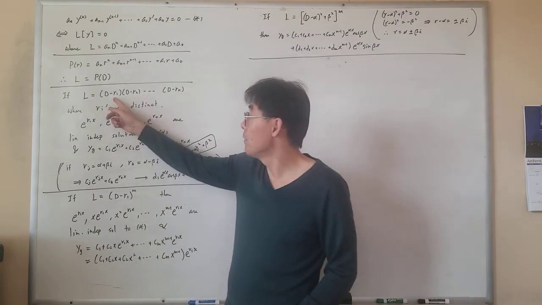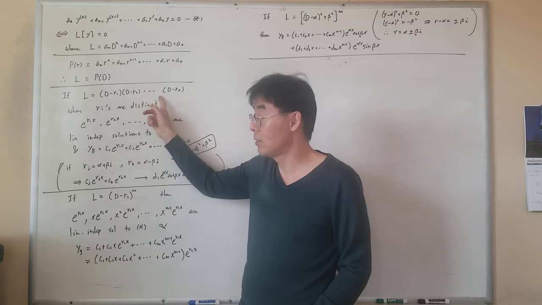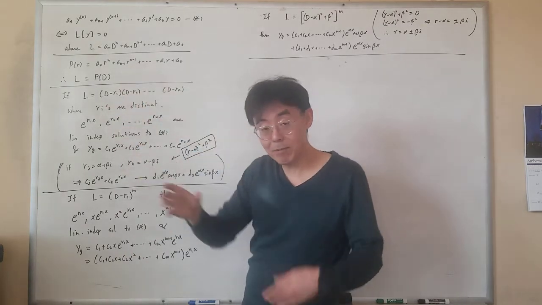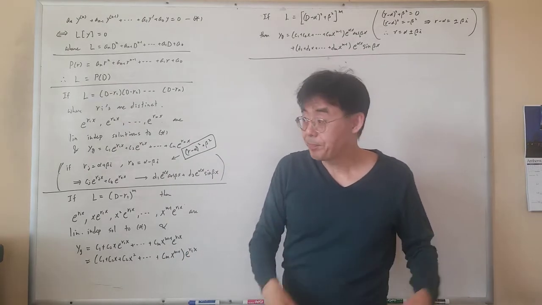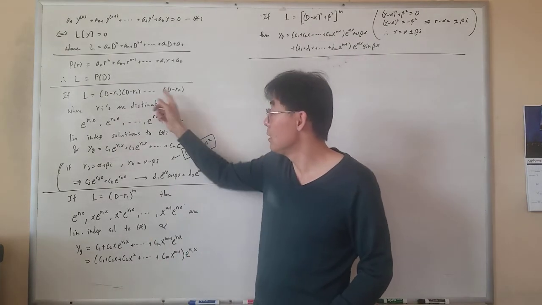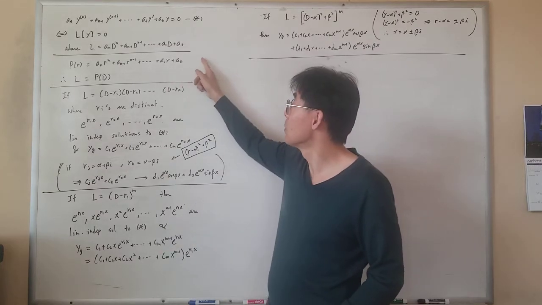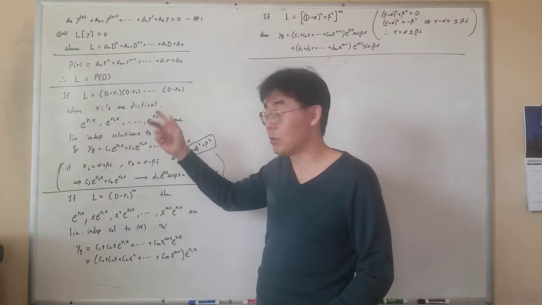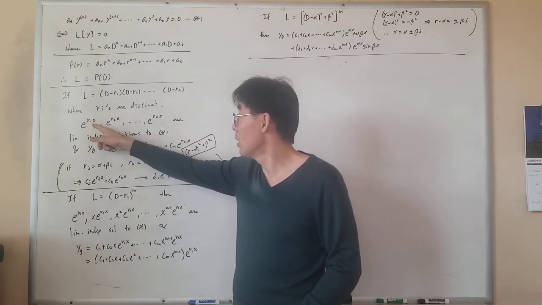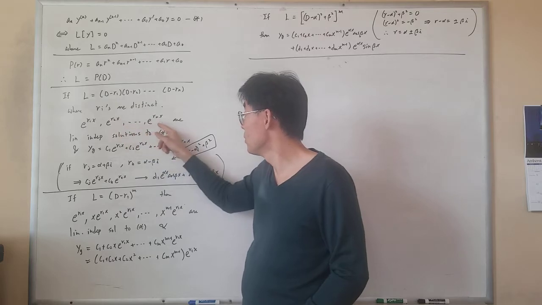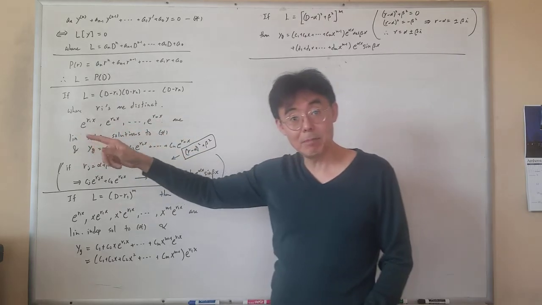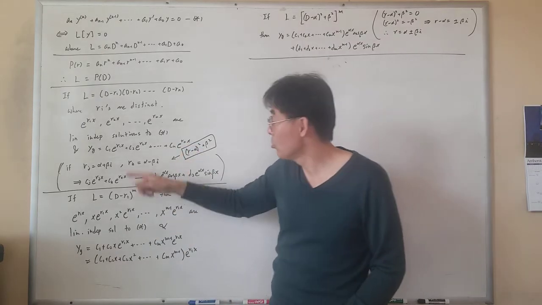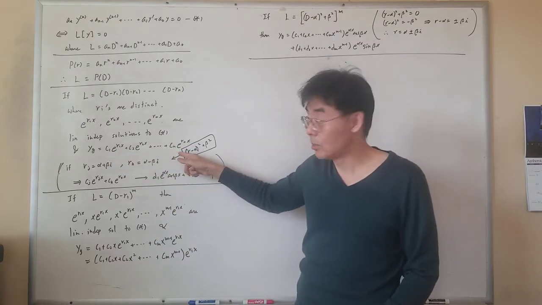First of all, if your L can be factored this way with distinct ri's, that means your characteristic polynomial can be factored into n distinct linear factors. So the characteristic equation has n distinct solutions, either real or imaginary. Then e to the r1x, e to the r2x, all the way to e to the rnx are all linearly independent solutions to this equation. So to get the general solution, you just make a linear combination of those.